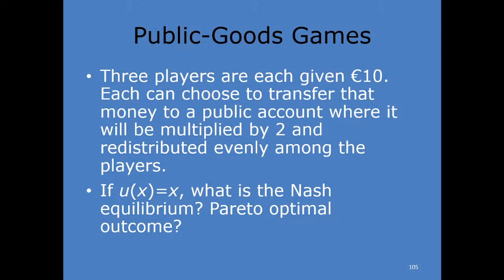Yeah. What is the Pareto optimal outcome? Cooperate, cooperate, cooperate, because the entire society would be better off. Each would go home with 20 instead of 10 euros in this scenario.